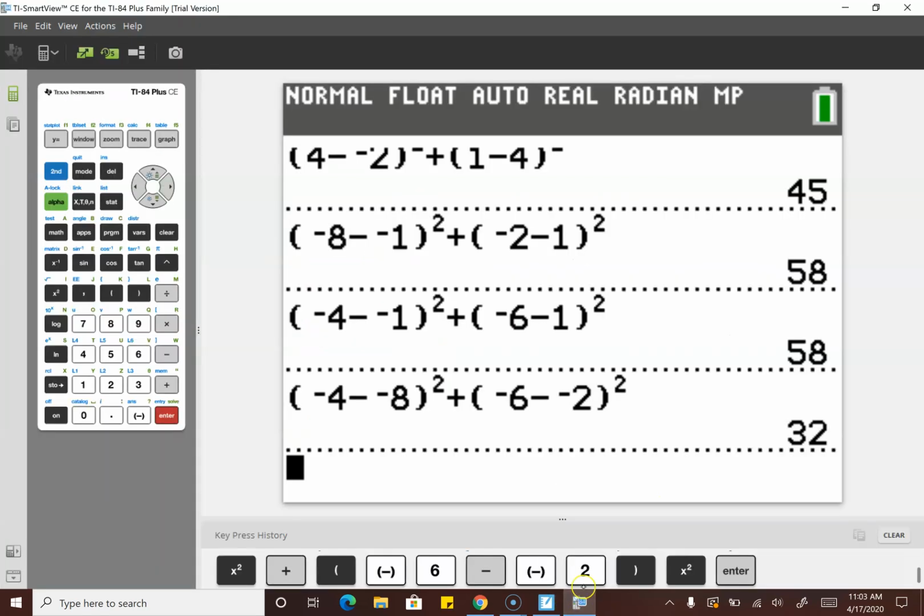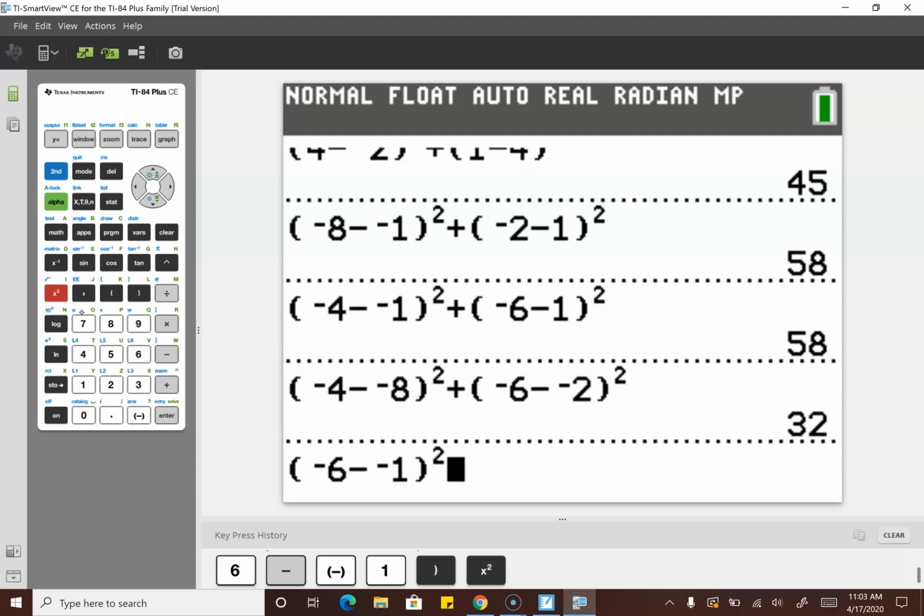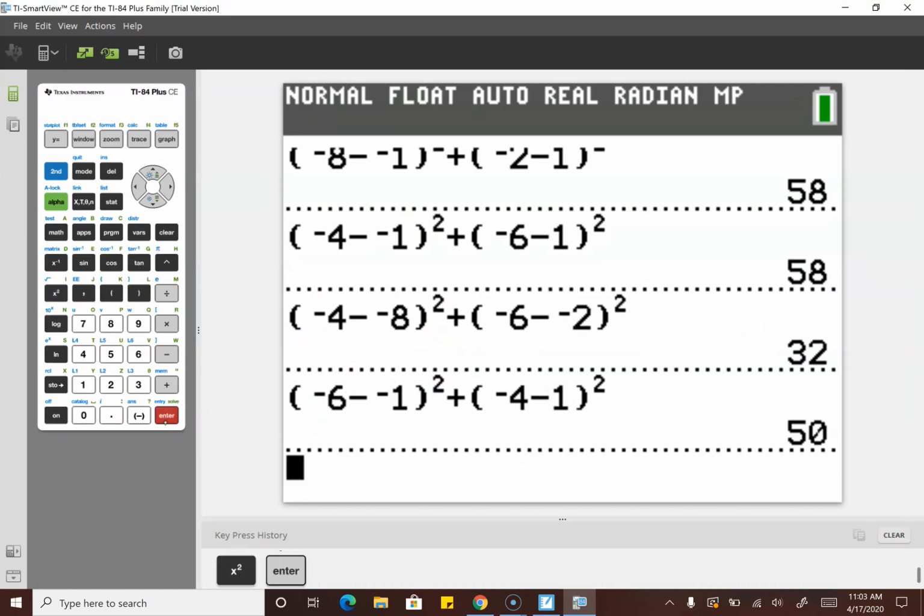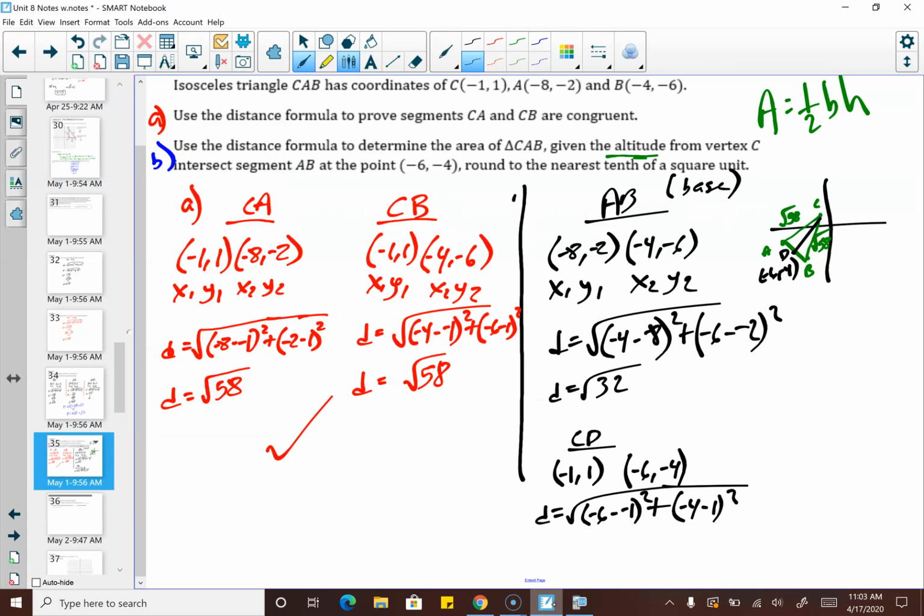All right, go to our calculator. -6 minus -1 squared plus -4 minus 1 squared. And that's going to give us the square root of 50. Again, same rule, not going to simplify because all I'm going to end up doing here is plugging them into my formula.